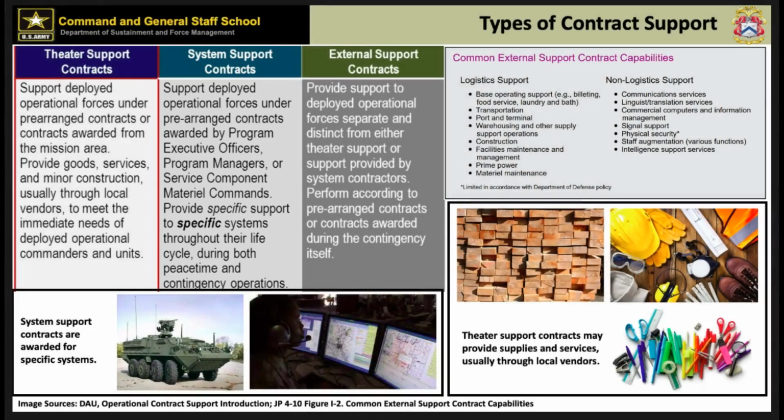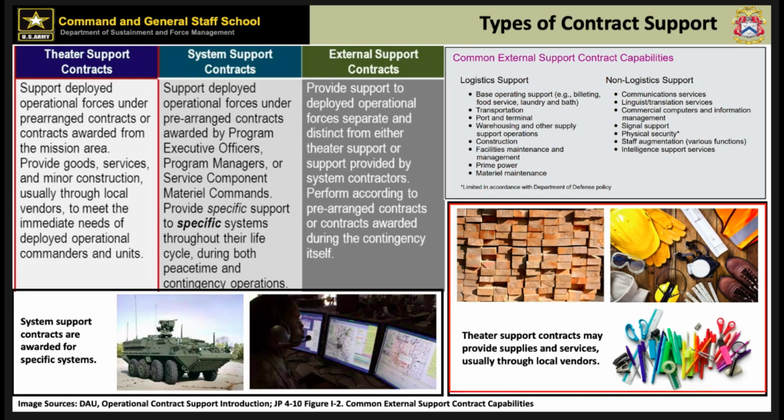Systems support. These contracts are awarded by services or U.S. Special Operations Command. Key differences include contracting authority, source of commercial capabilities, and management processes.